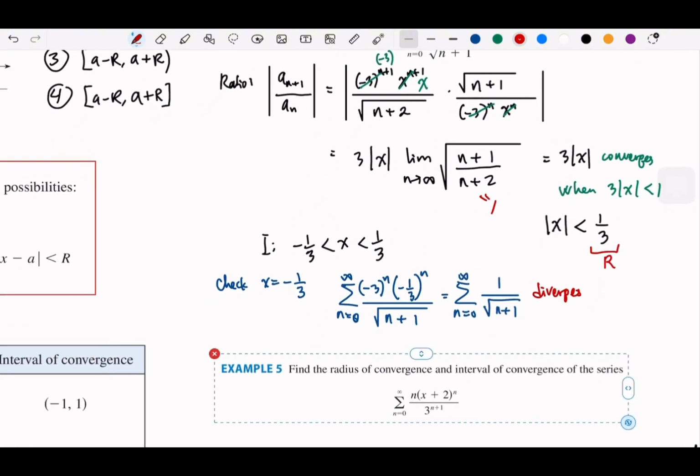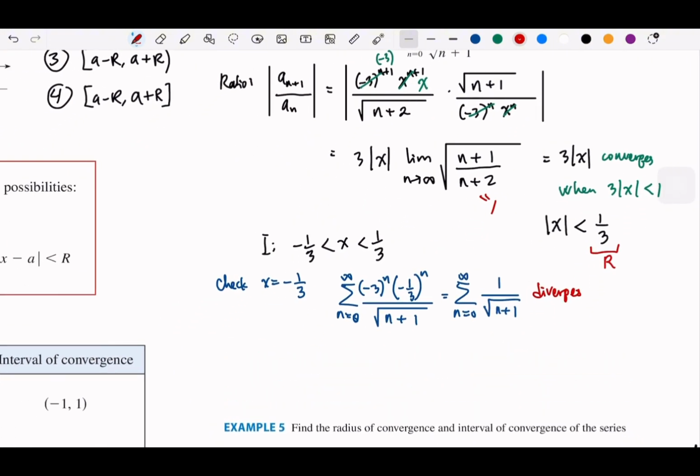And then check x equal to 1/3. We get the alternating series, right?